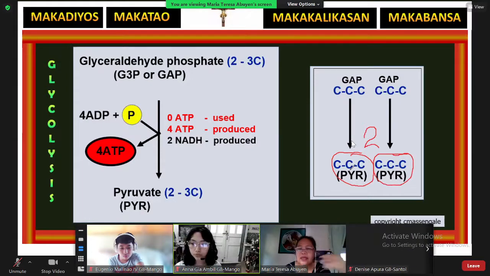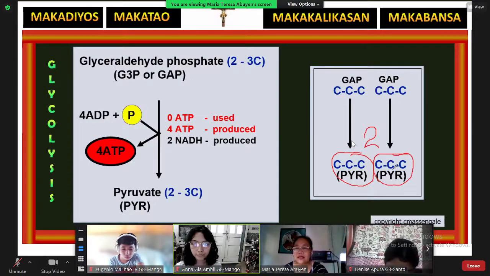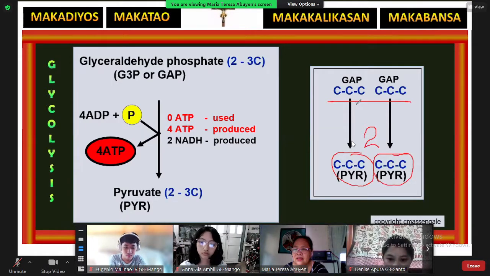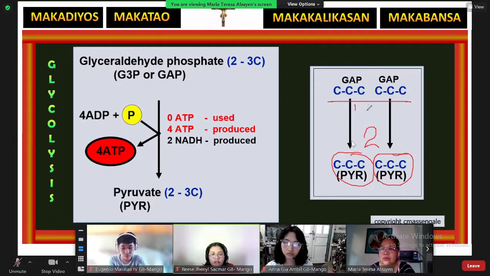This one comes from here, and this GAP comes from here. How many glucose molecules? One. Very good. They come from one glucose. Glucose is a 6-carbon sugar: 1, 2, 3, 4, 5, 6.